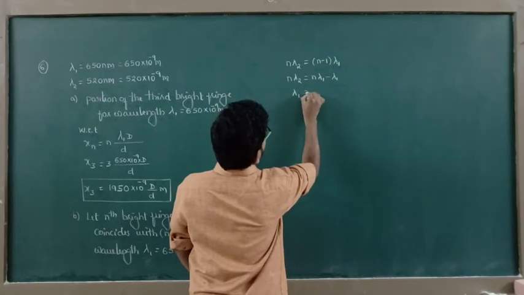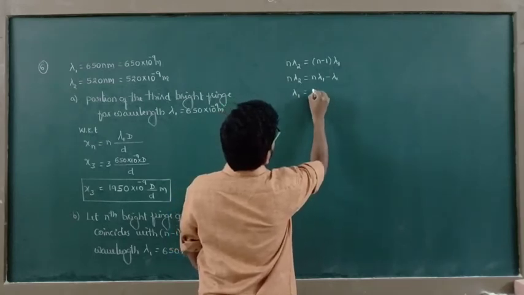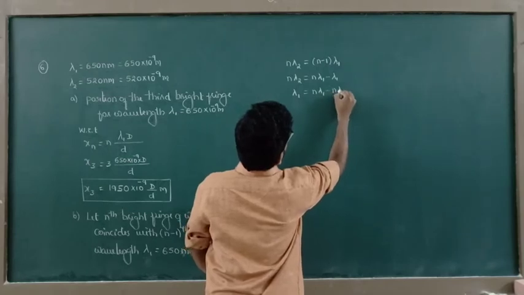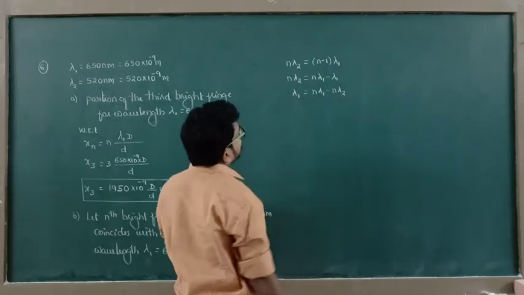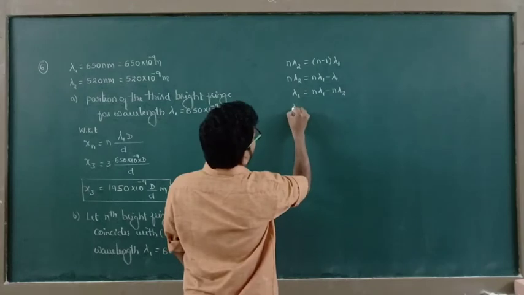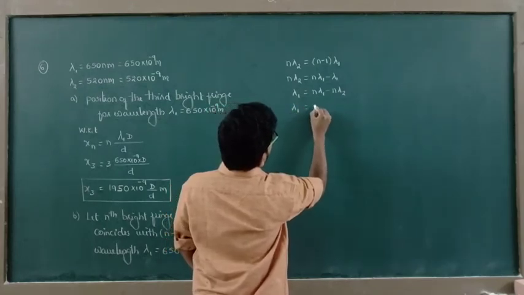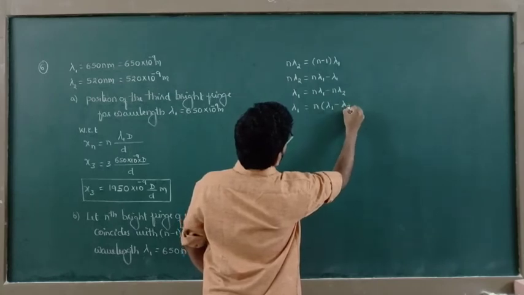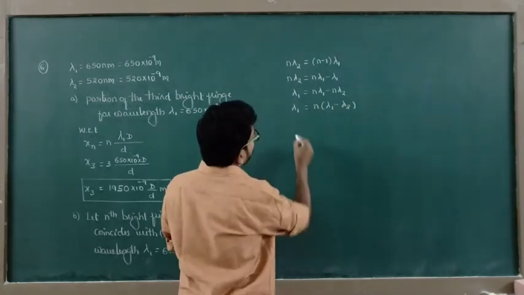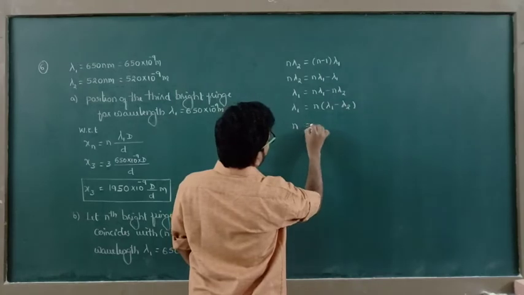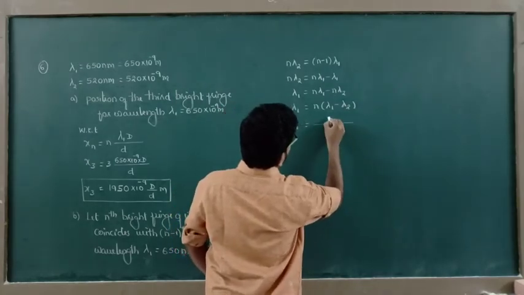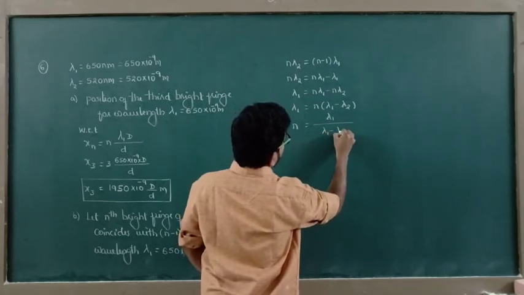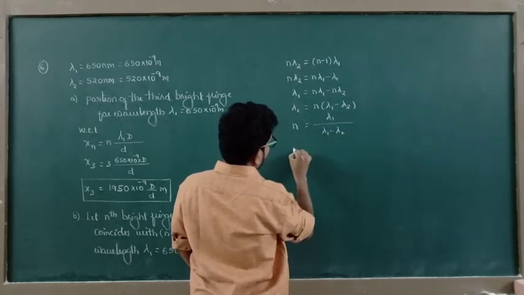Lambda 1 is equal to n lambda 1 minus n lambda 2. Lambda 1 is equal to n into lambda 1 minus lambda 2. Then n is equal to lambda 1 divided by lambda 1 minus lambda 2.